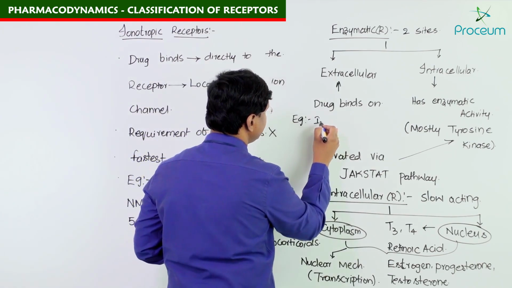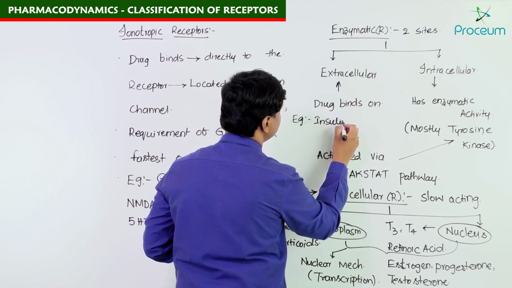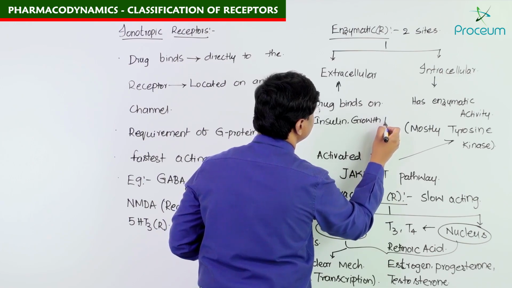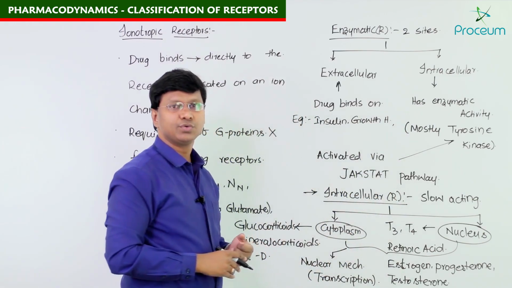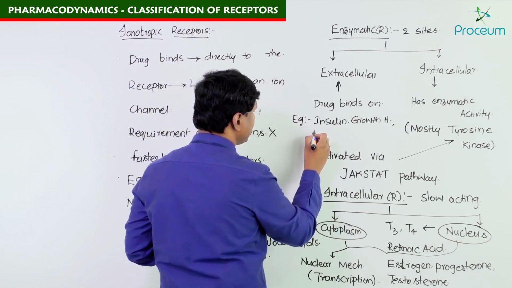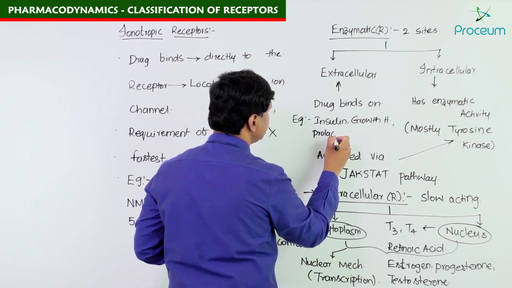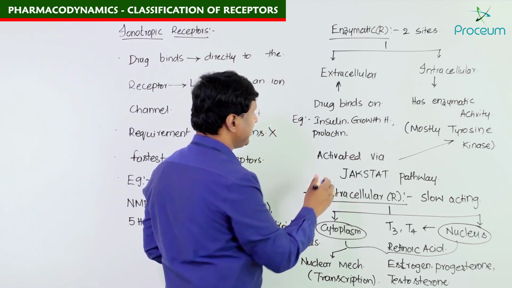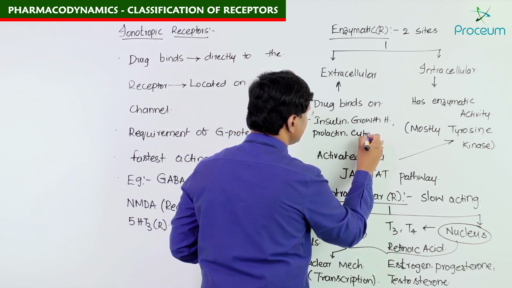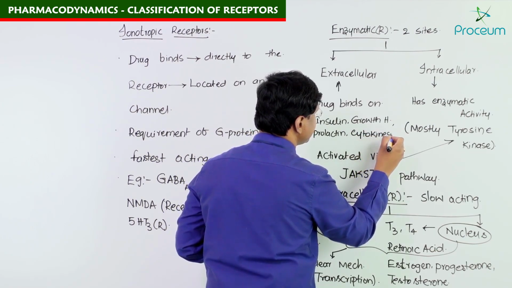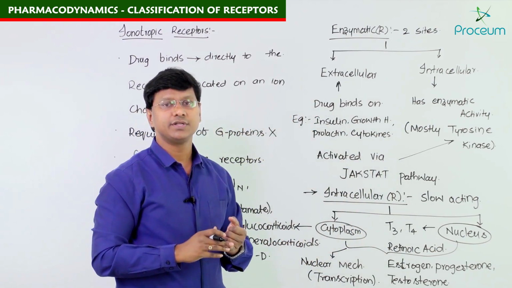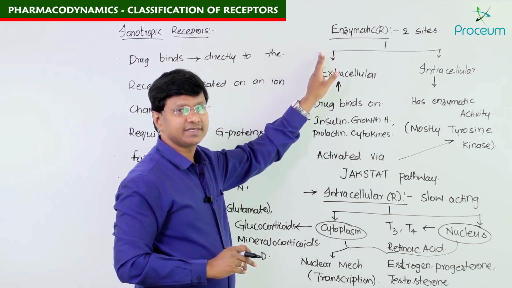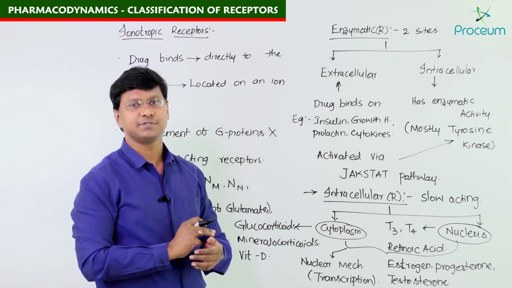They include insulin, growth hormone, and the other hormone, prolactin, and other substances, that is cytokines. So remember, insulin, growth hormone, prolactin, and cytokines act via the enzymatic receptors. This is one of the very important multiple choice questions here.